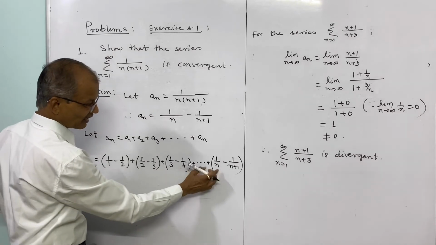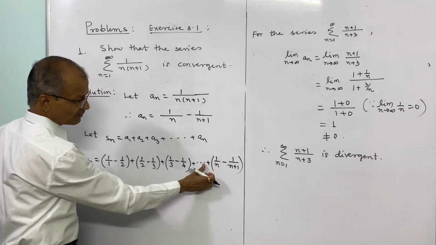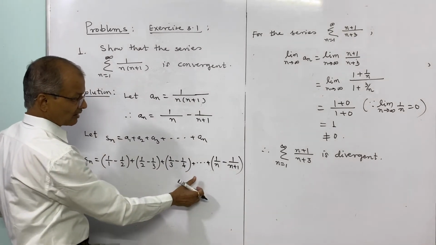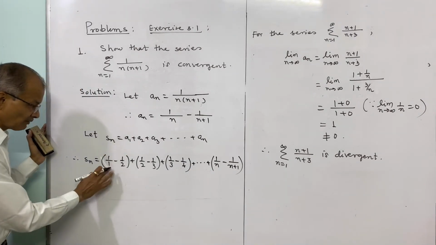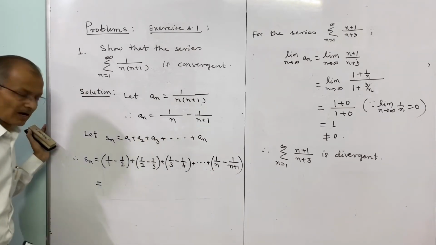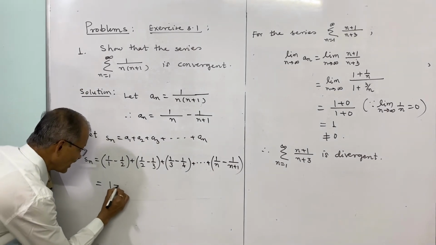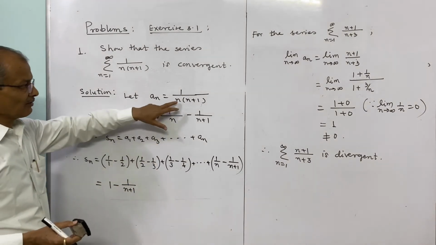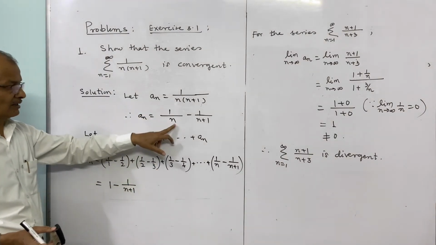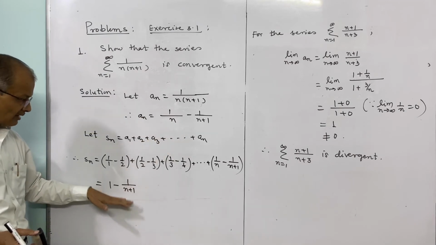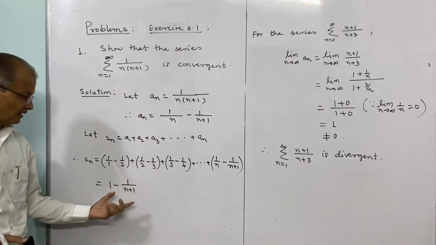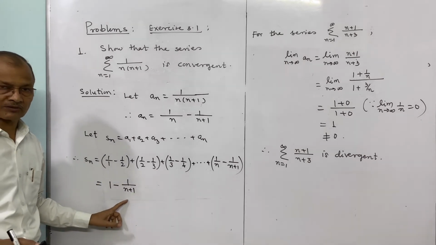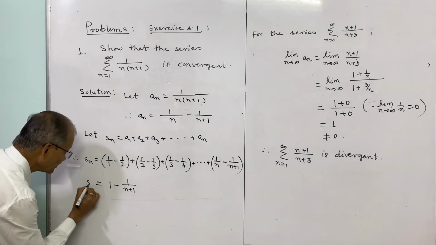From the last bracket, this 1 by n cancels with the earlier term in the earlier bracket, so only the first and the last remain: 1 minus 1 upon n plus 1. For that purpose we expressed an in this form, so as to add the first n terms. So this is Sn.